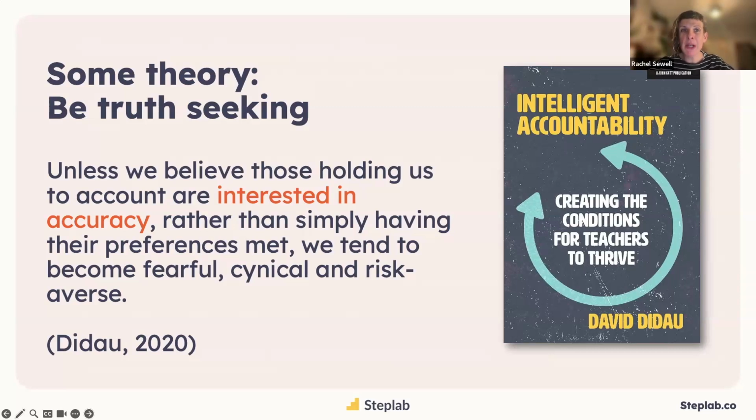Whereas if you genuinely believe that the whole time they're trying to gather objective evidence, they're being really scientific, they're mainly interested in the truth about how much students are learning and how we can improve it, then you're going to feel way more trust and way more confidence in your coach. So that idea that you're interested in accuracy is really important.